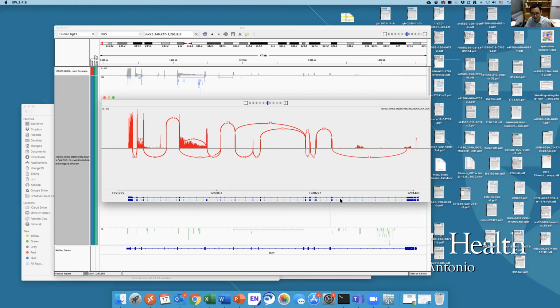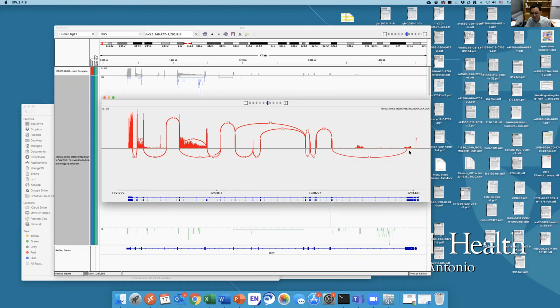There are two isoforms for this gene based on the annotation IGV uses. The difference between the two isoforms is this exon. There's one exon here in the second isoform, but there's no such exon in the first isoform. And the top of this figure shows you how many reads are connecting different exons, okay?